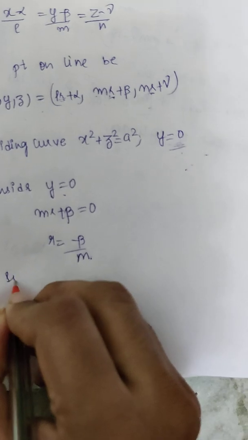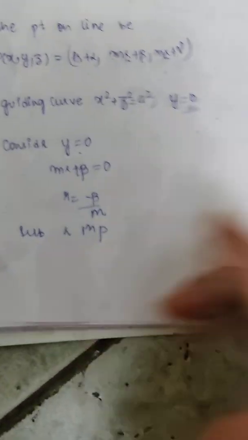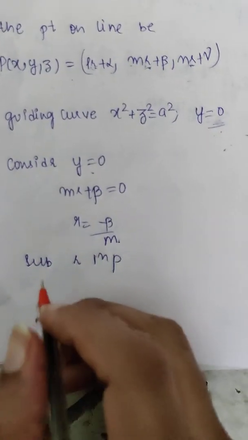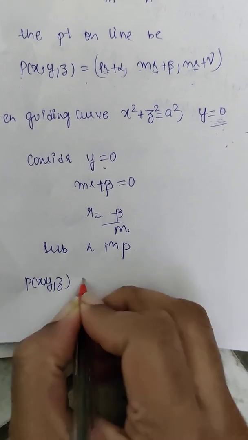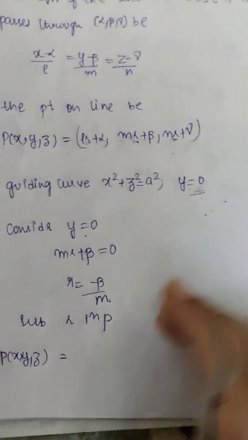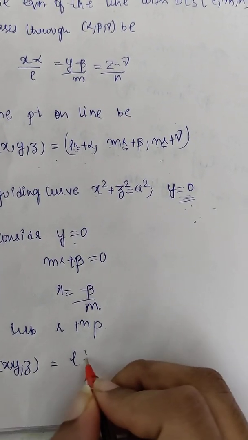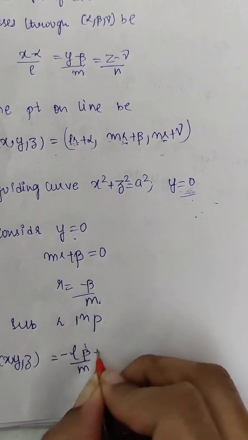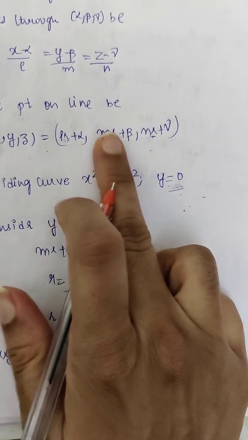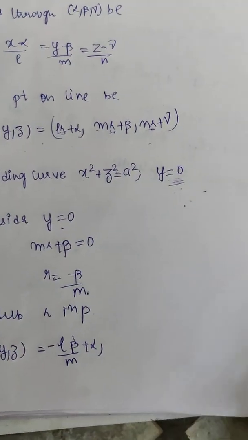So I'm going to write down, substituting r in P. So I'm going to get P of x comma y comma z as l r, what is r? Minus beta l beta by m plus alpha, comma, because y is 0 this would be 0, but I'm just showing you if I'm going to substitute, r also is going to become 0.